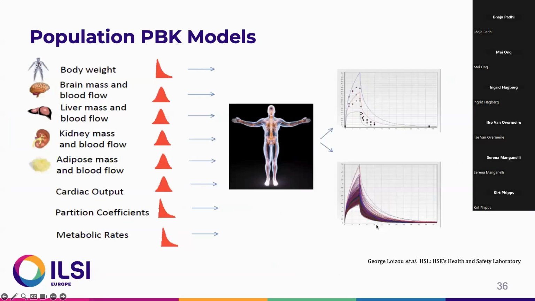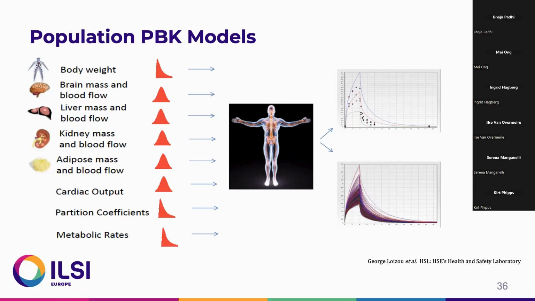But it is important to realize that what I've just shown you are deterministic models. So it simulates a single person with every parameter defined as an exact value. But of course, body weights vary, brain masses vary, the speeds of the blood flow vary, and the chemical properties you might not be too certain of.